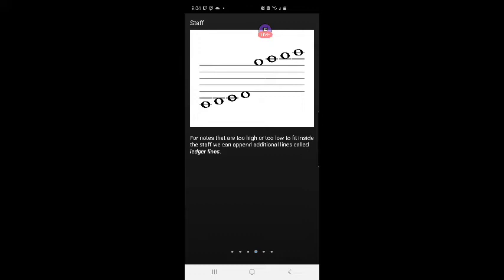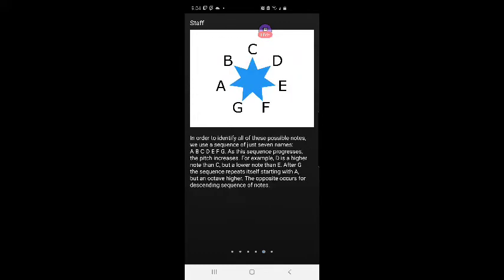For notes that are too high or too low to fit inside the staff, we can append additional lines called ledger lines. In order to identify all of these possible notes, we use a sequence of just 7 names: A, B, C, D, E, F, and G, also known as Alpha, Bravo, Charlie, Delta, Echo, Foxtrot, Golf. As the sequence progresses, the pitch increases. For example, Delta is a higher note than Charlie, but a lower note than Echo.